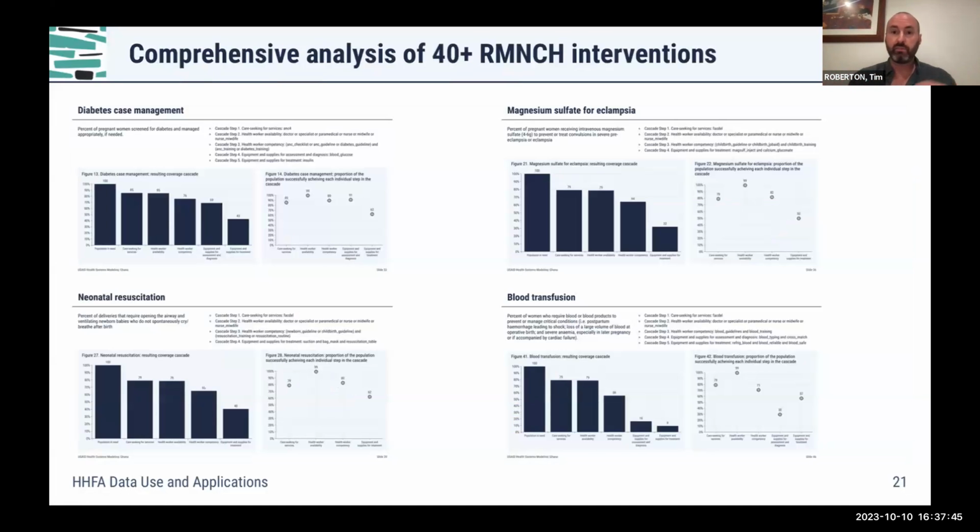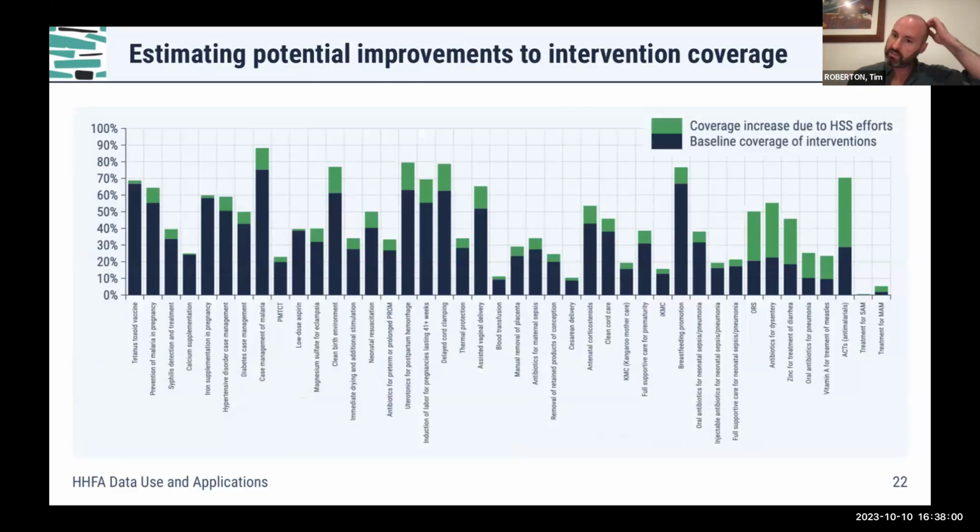And as part of this multi-country analysis, we've put this together for about 5 countries for 40 different RMNCH interventions, creating coverage cascades given HHFA data in those countries. And all of that has enabled us to say what current coverage levels are for a range of different RMNCH interventions.